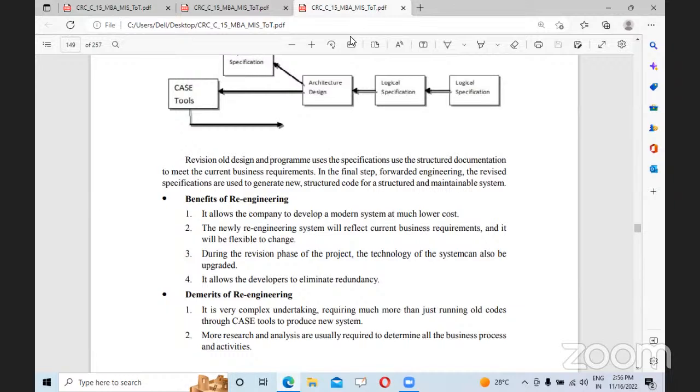Means to eliminate the redundancy and to make some revision of the project, particularly in the industrial domain, it is used for reengineering. That is a very important concept, reengineering. And demerits are, it is very complex. That is the major one.